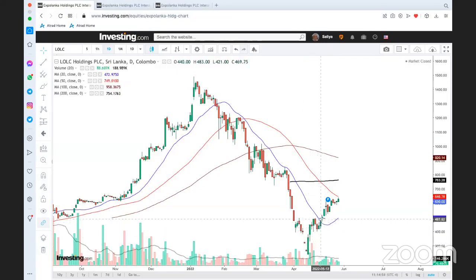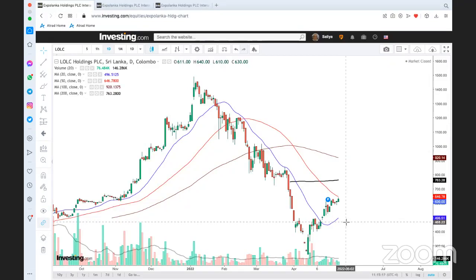At the same time, the prices have crossed above the 20-day moving average, right? So in all these 3 counters, we can see that the 20-day moving average has been broken. In Brown's investments, the 50-day moving average is also broken, and it's testing the 200-day moving average.